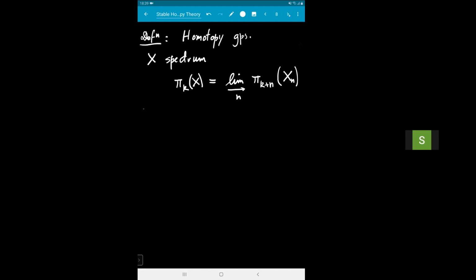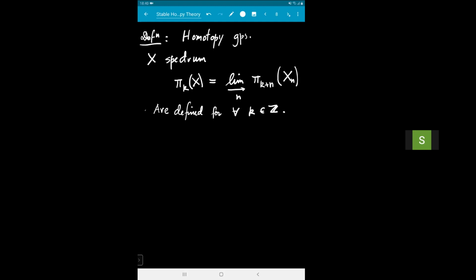But one thing to notice here is that these are defined for all k in Z. If k is negative, this direct limit just starts from minus k, and so these are defined for all integers.